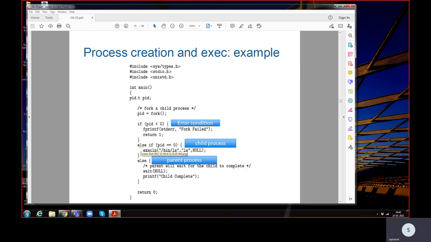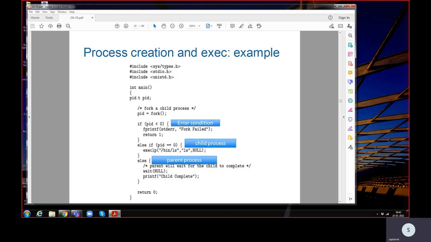So now we need to distinguish between parent and child. So see, else if pid equal to 0. As we discussed, fork will return with 0 in the child. So pid equal to 0 means this is the child process. Here you see execlp is called. execlp is a variant of exec. I told you to study the different variants.